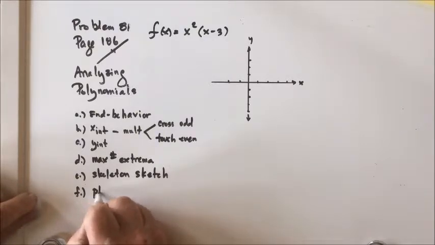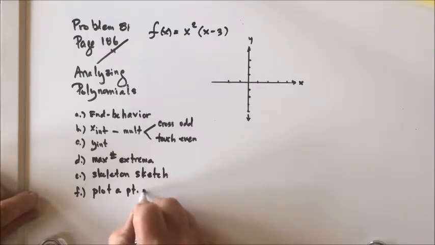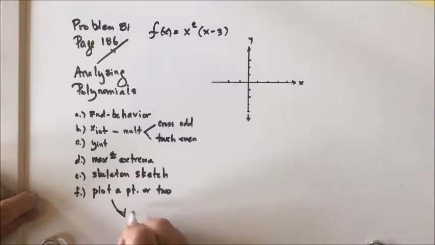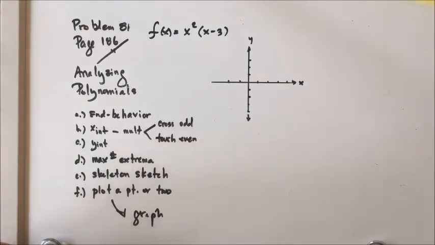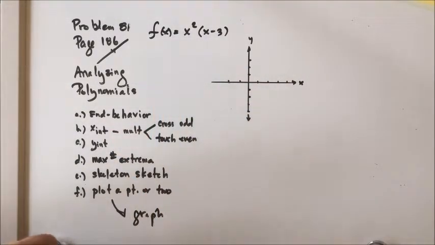And then you might need to plot a point or two before you then complete the graph, all right? So let's kind of go through this for this particular problem, x squared times x minus 3.